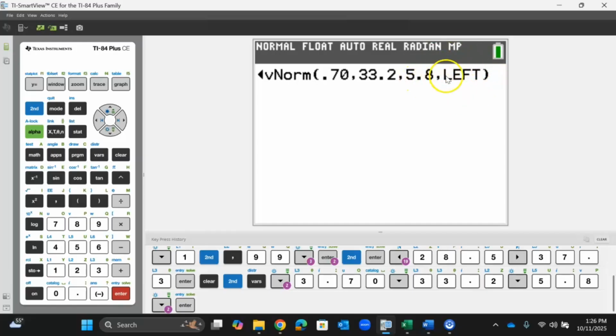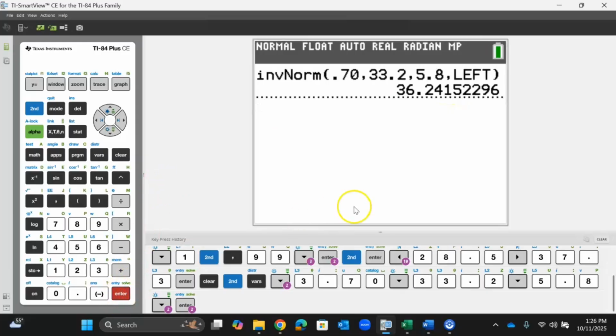This left piece is only for the newer versions of the TI-83 or 84. We press enter. The boundary line we picked should be at 36.24 seconds, rounding to the second decimal place. That's the boundary line we would hit if we were shading, our upper bound on our bell curve.